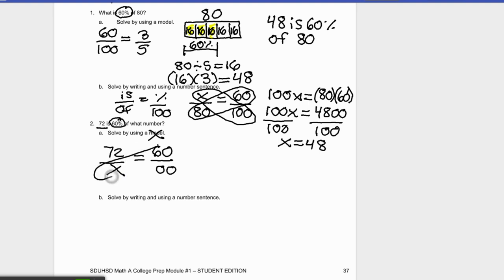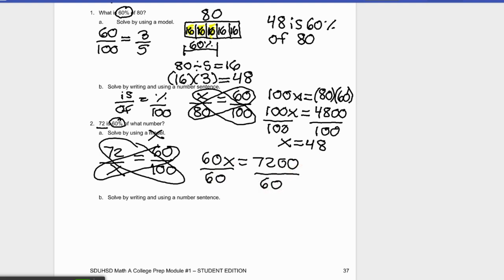Let's try that one more time. So cross multiply my diagonals, and I'm gonna get 60x equals 7,200. Then I divide both sides by 60, and I get x is equal to 120. So that would be my final answer.